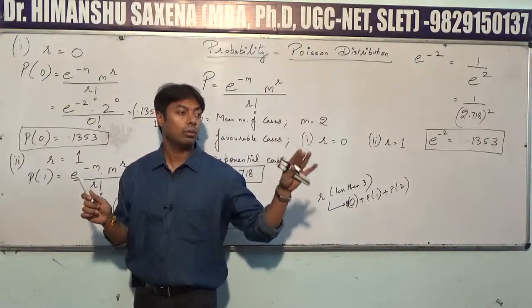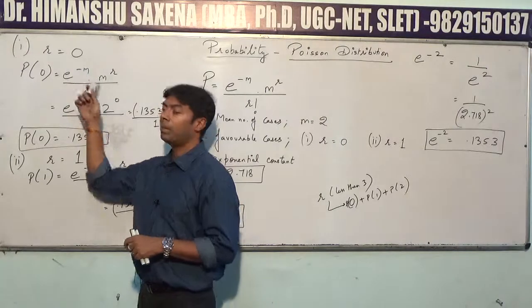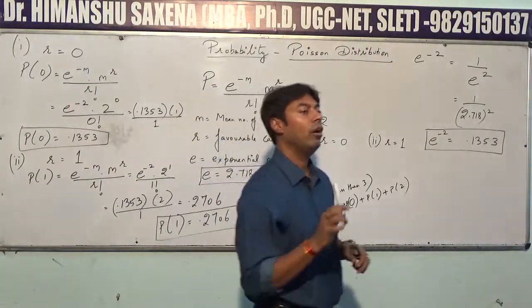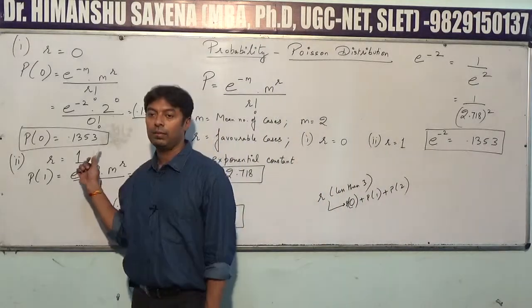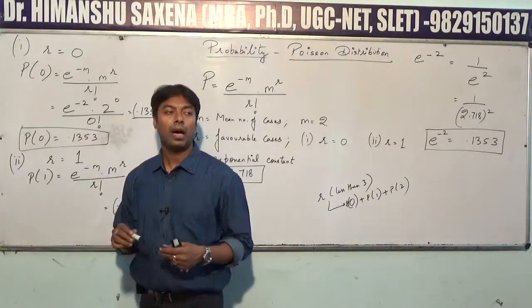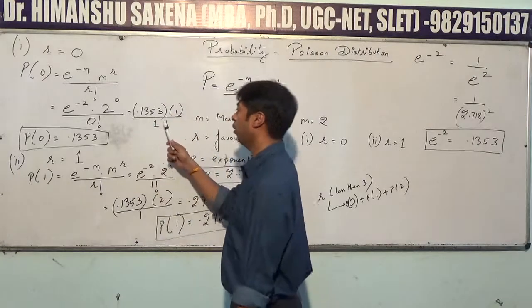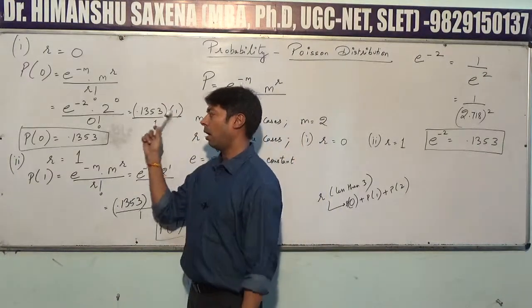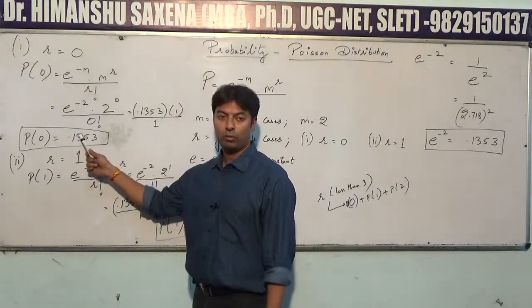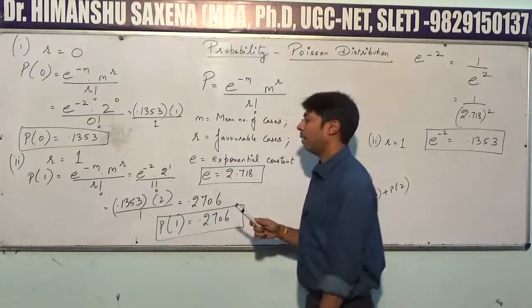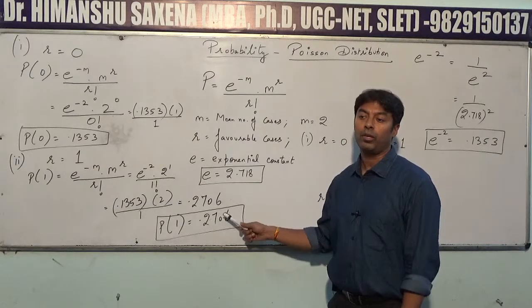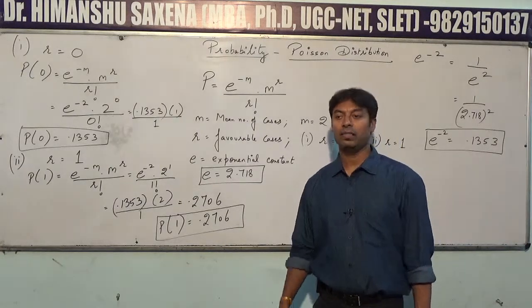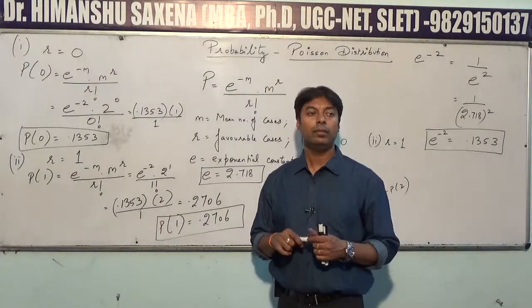So we don't need to add them up, because in the first part they are asking for the probability of no car being hired, and in the second part they are asking for the probability of only one car being hired. So the probability of no car hired on a particular day will be equal to 0.1353, and the probability of one car being hired will be equal to 0.2706. That's what Poisson distribution is all about.